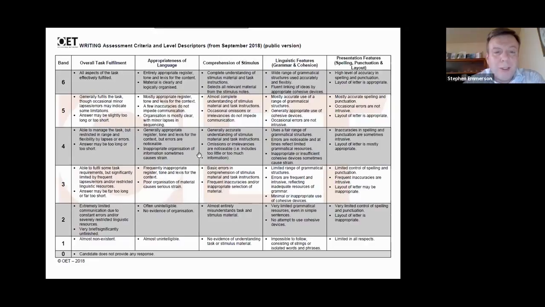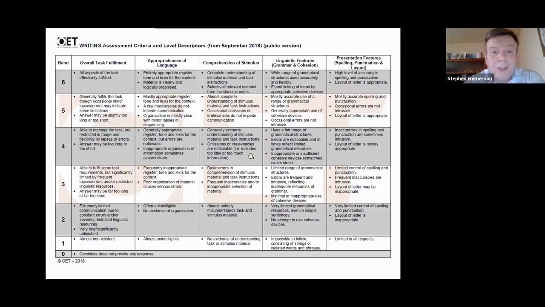Inappropriate organization of information sometimes causes strain. So you have to put yourself in a real life situation. So imagine when you're doing these letters, what information does the reader actually need to continue treatment of the patient? So that's really important.